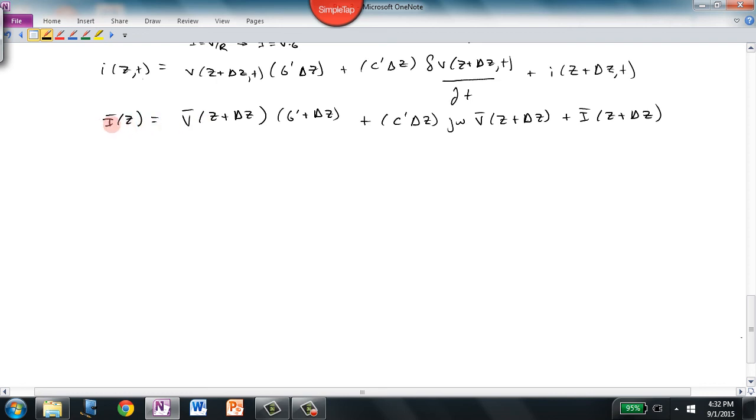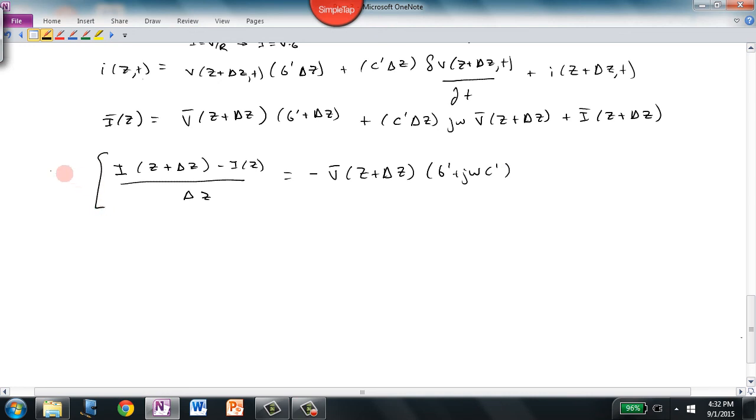And I'm going to do the same thing I did before, where I'm going to just rearrange some terms. That's going to be I of Z plus delta Z minus I of Z divided by delta Z is equal to minus V phasor of Z plus delta Z times G prime plus j omega C prime. I'm going to do the same thing I did before, where I take the limit as delta Z approaches 0.